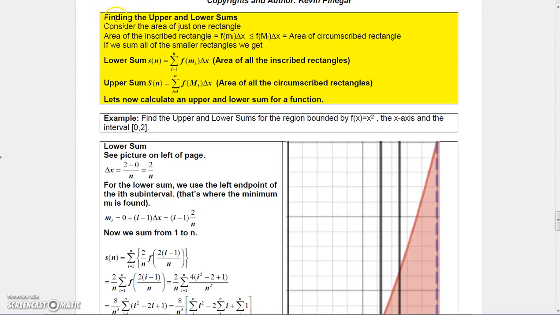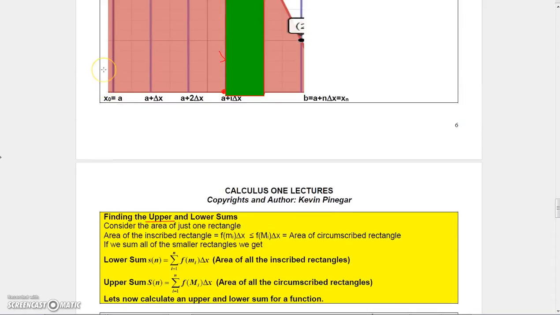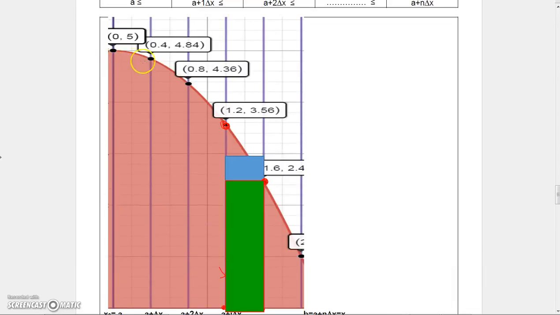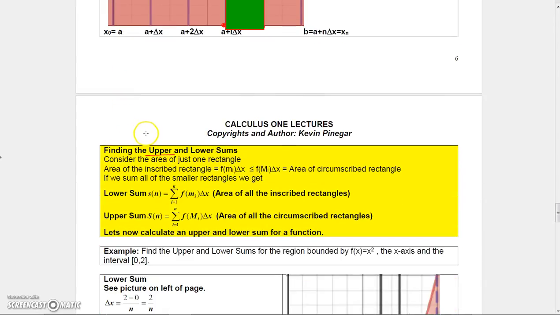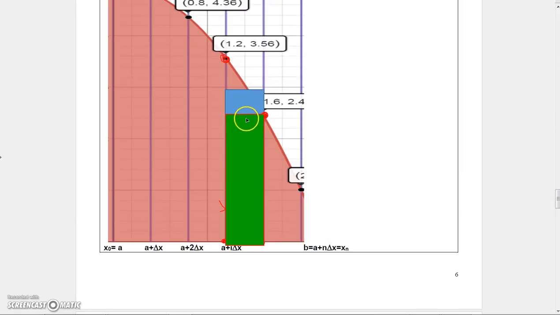So what we want to do is find the upper and lower sums. The upper sum would be the sum of all those rectangles based on the maximum, and the lower sum would be all those rectangles based on the minimum in the sub-intervals. So in our particular picture, since the graph is increasing, let's go back to this green rectangle here.